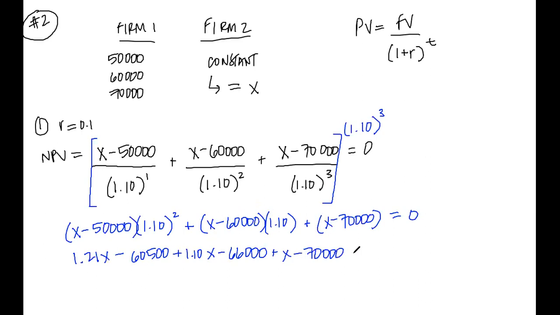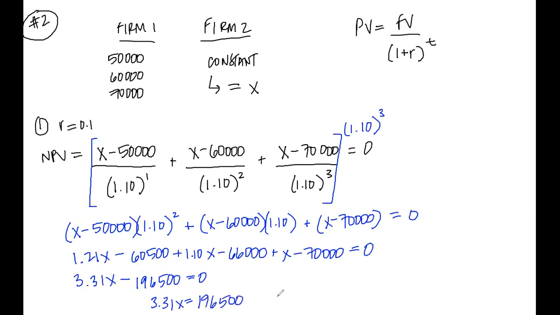So then combining all these terms, we get 3.31x minus 196,500 equals 0. And now we can see it's a lot easier to solve for 0 after simplifying all this down. So we can add the constant term to the other side to get 3.31x equals 196,500.